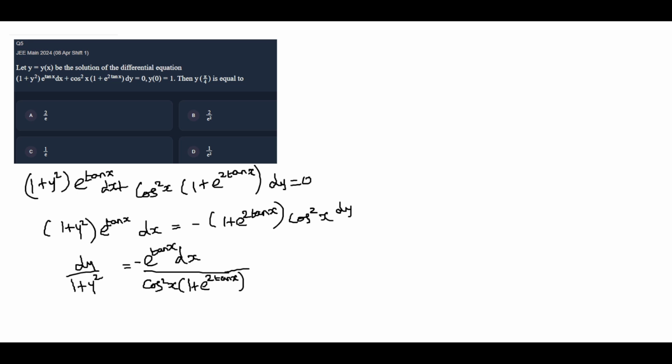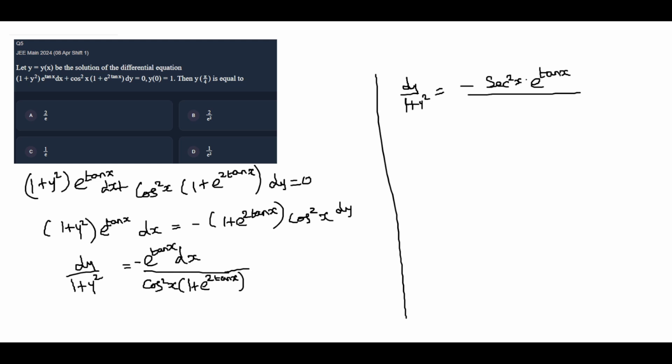Okay. So now dy by 1 plus y square is equal to minus secant square x into e power tan x divided by 1 plus e power 2 tan x into dx. Now integrating it. Dy by 1 plus y square is nothing but tan inverse of y.